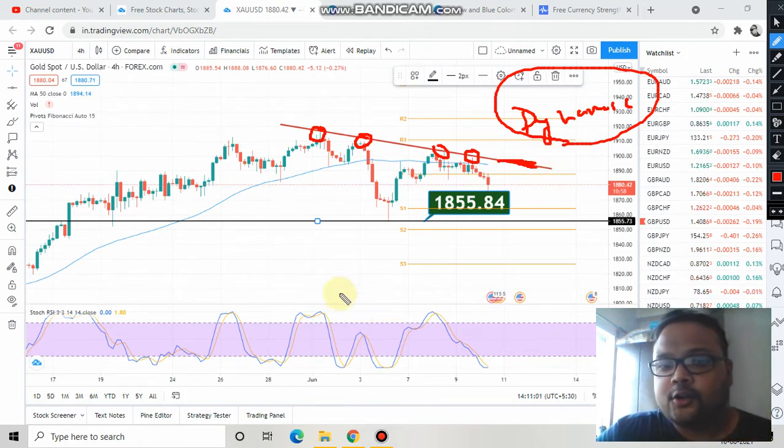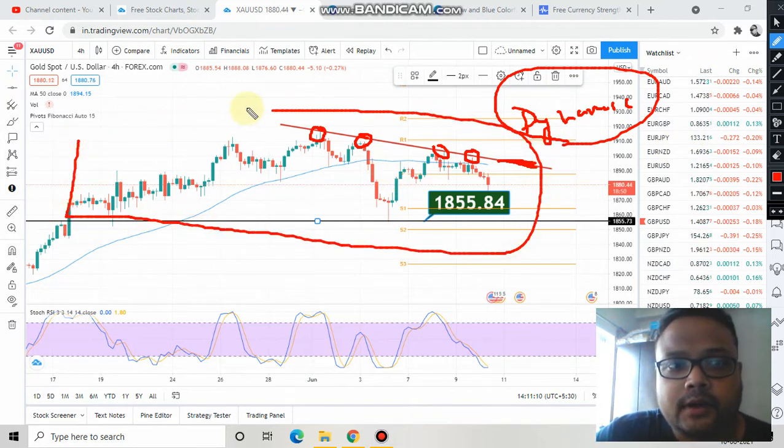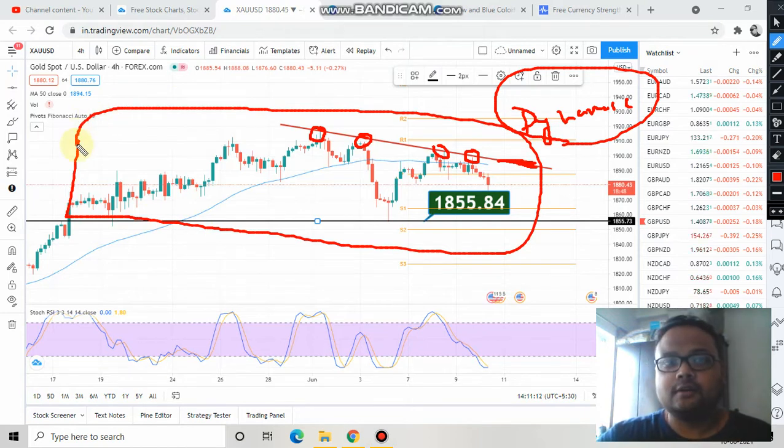Remember, I told you that in an uptrend market we should mainly look for buying opportunities. That's true. But if we look at this particular portion of the chart, forget about the uptrend and all, and just concentrate on this portion, you can easily see that the market is sideways.